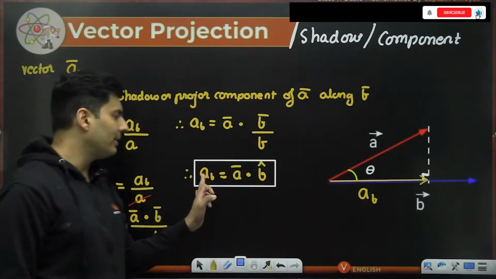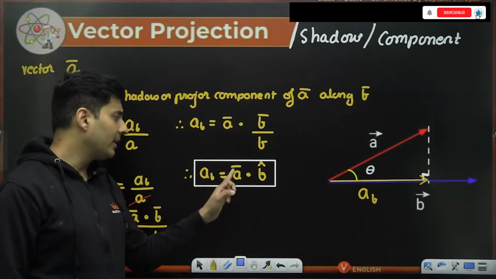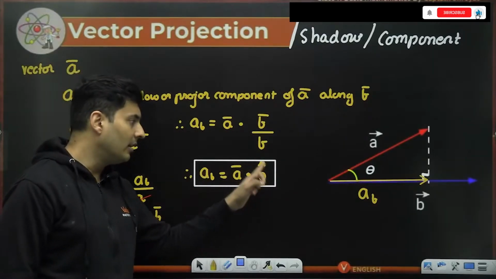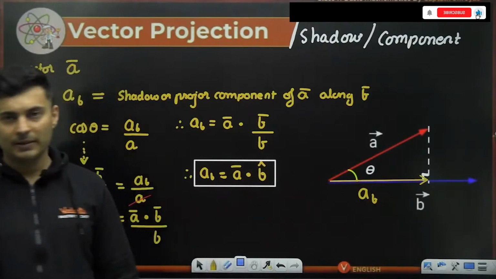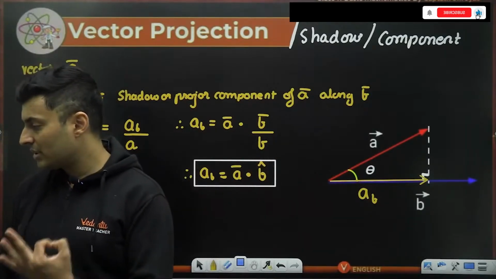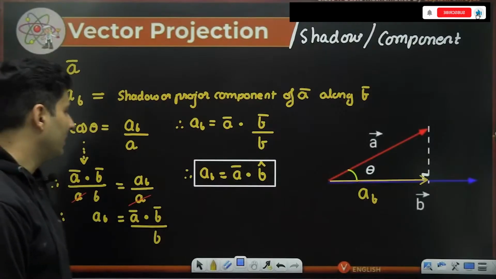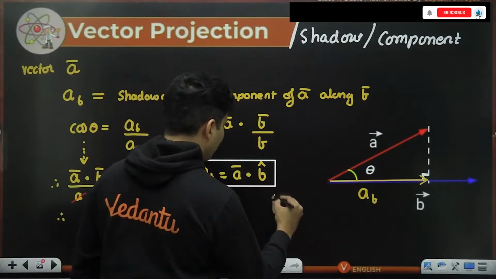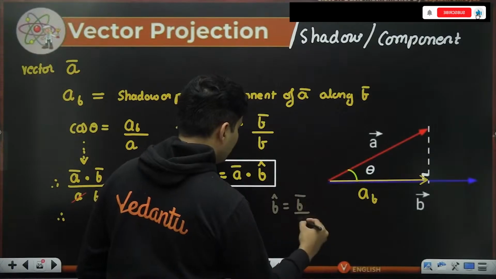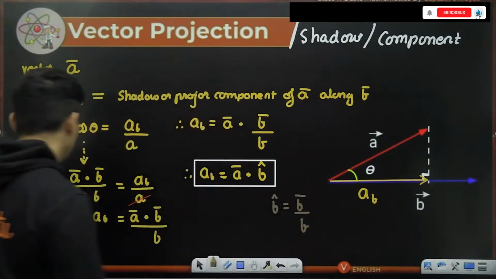So the component of a vector along another vector is the vector dot producted with the unit vector along which you want to find the component. Yes, perfect. We've used the fact that B hat is vector B divided by its magnitude.